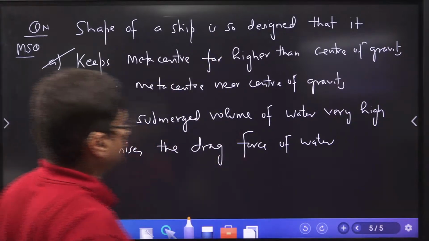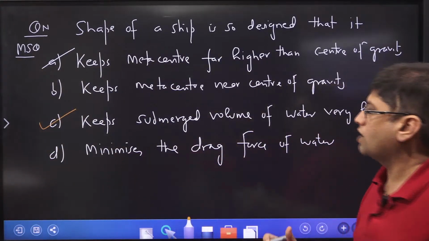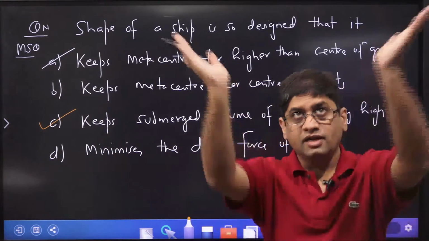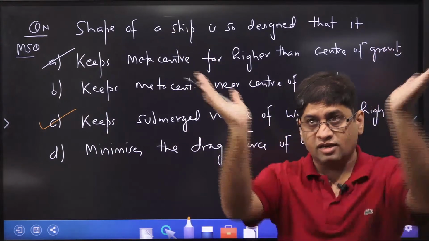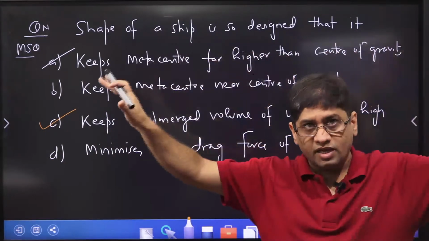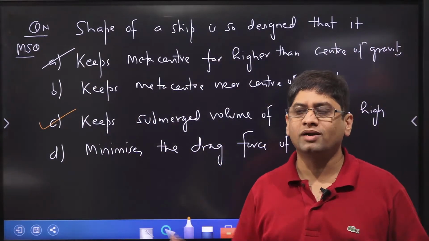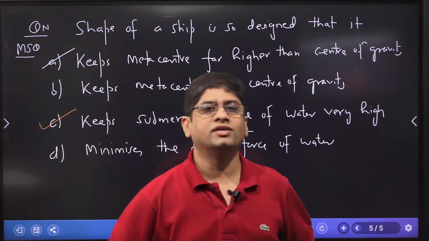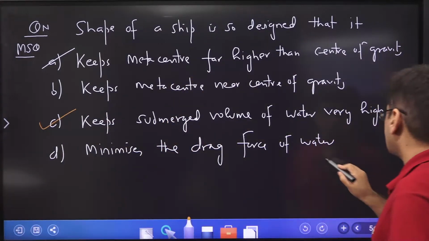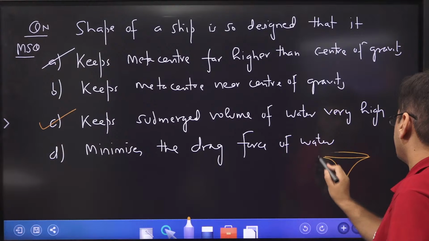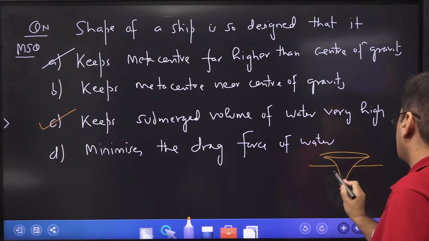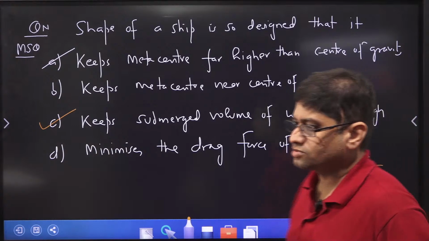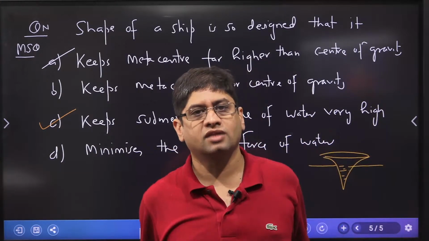Yes, the shape is so designed that I should have maximum submerged volume. The displaced volume suddenly increases, because the more the volume of liquid displaced, the more will be the buoyancy force. इसलिए ऐसा shape ship का बनता है. I want to keep as much liquid displaced as possible.